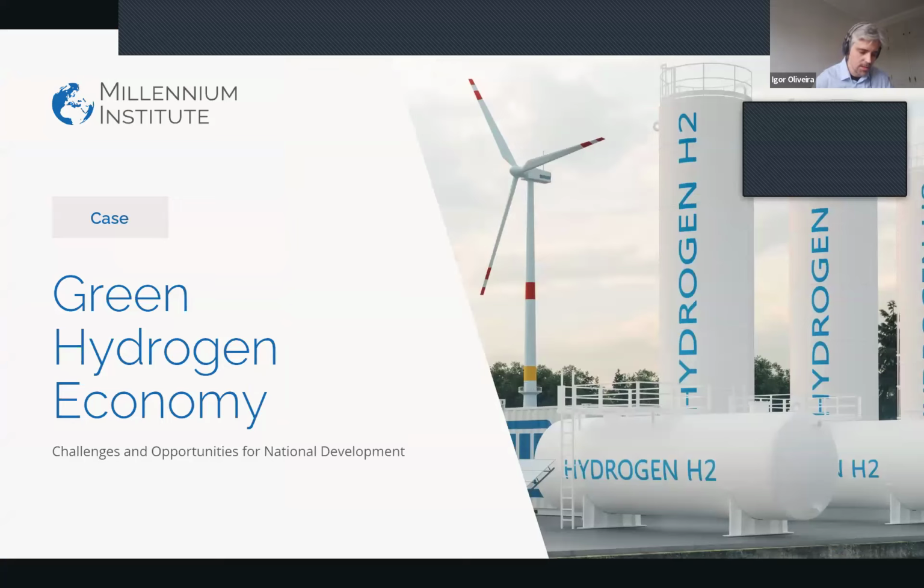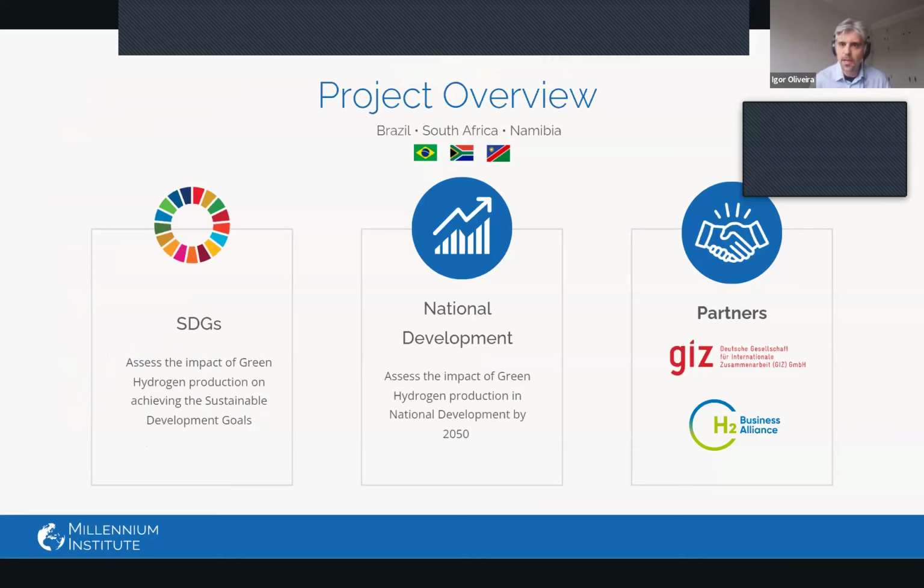In principle, we didn't have that much contact with the national government stakeholders. Of course, gradually, we managed to involve them. But in principle, it was a German initiative to model the development trajectories of 3 other countries and investigate the role of green hydrogen in these trajectories, right?